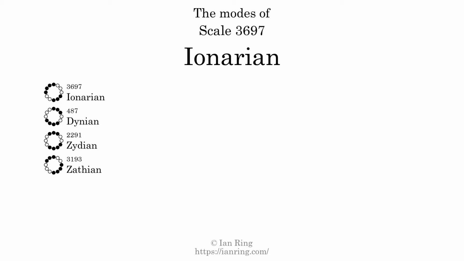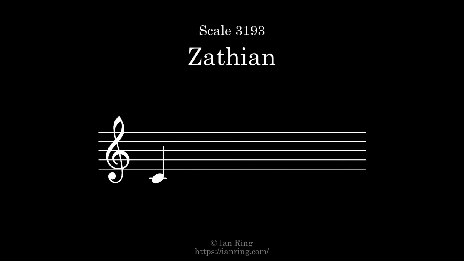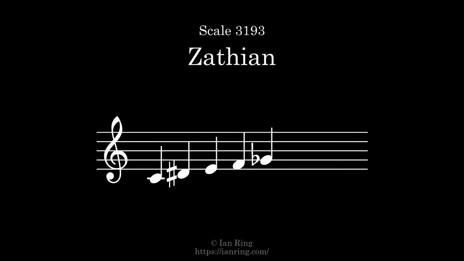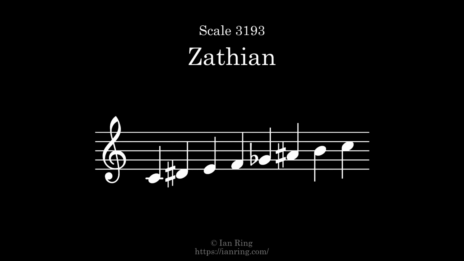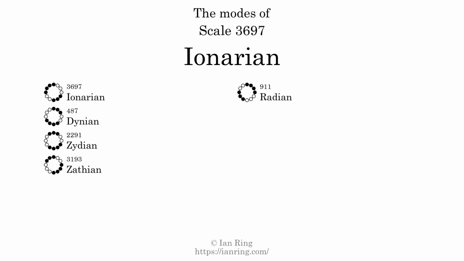The fourth mode is scale 3193, also known as Zathian. It sounds like this. The fifth mode is scale 911, also known as Radian. It sounds like this.